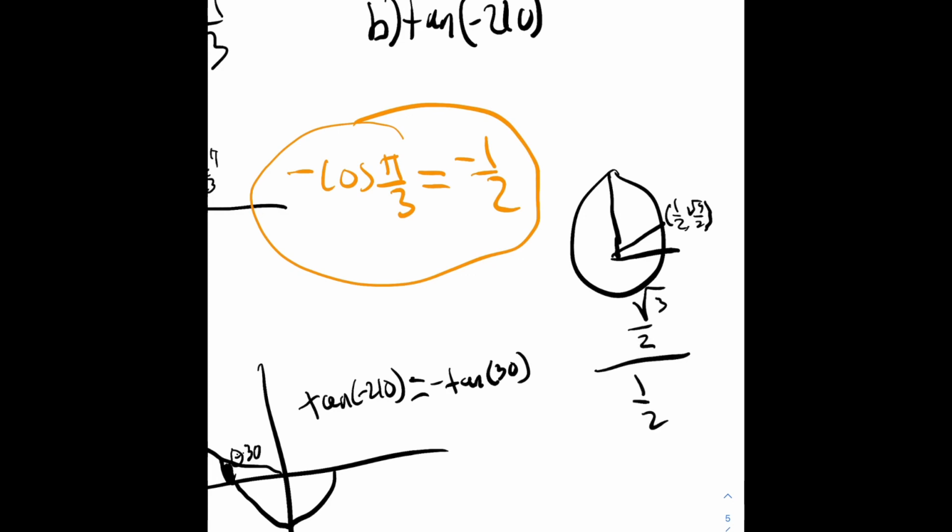When I do square root 3 over 2 over 1/2, keep, change, flip. This should be 1/2. I got them mixed up.